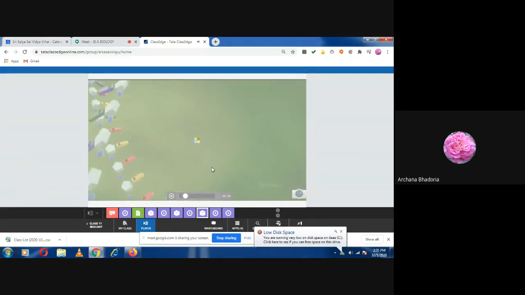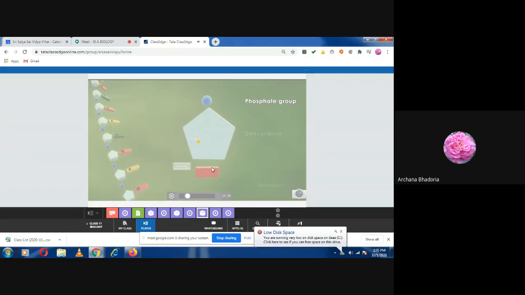DNA is a macromolecule polymer made of subunits called nucleotides. The nucleotides are made of 3 units: a phosphate group, a 5-carbon sugar called deoxyribose, and 1 nitrogen-containing base.